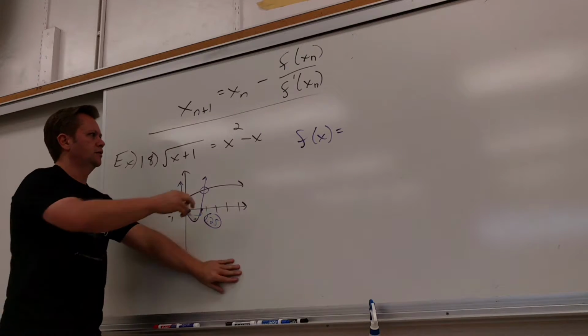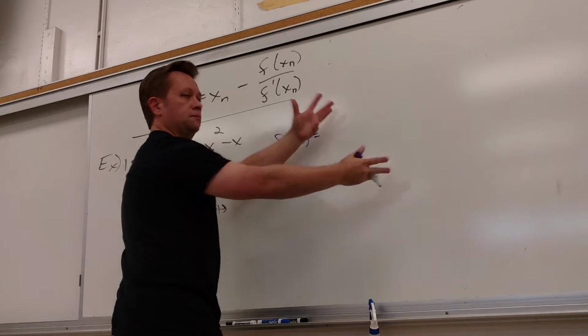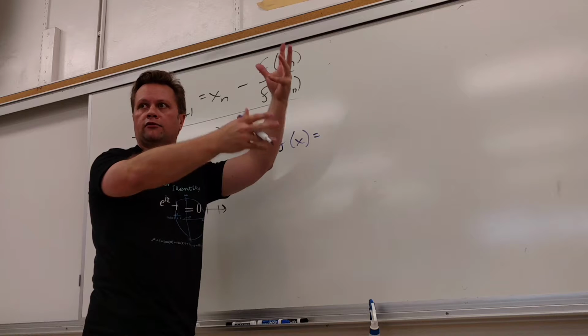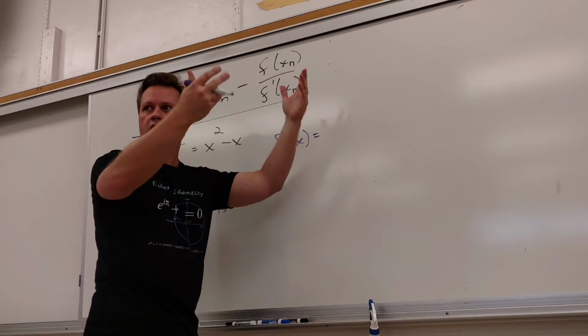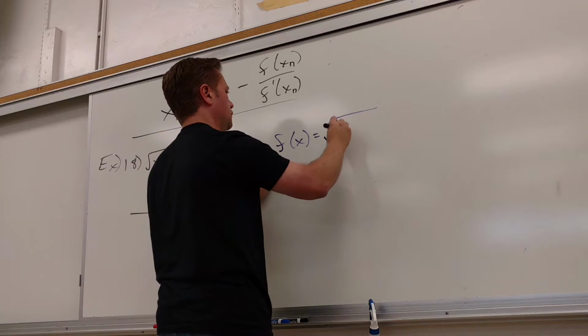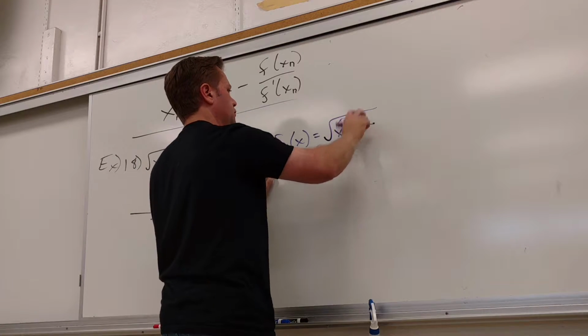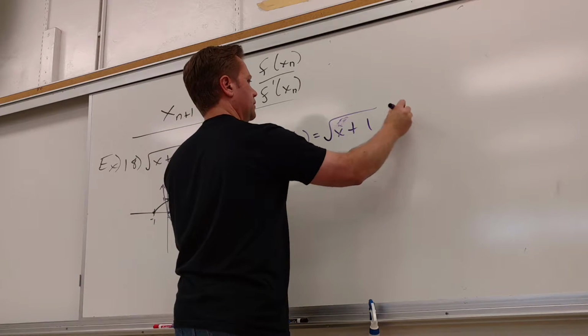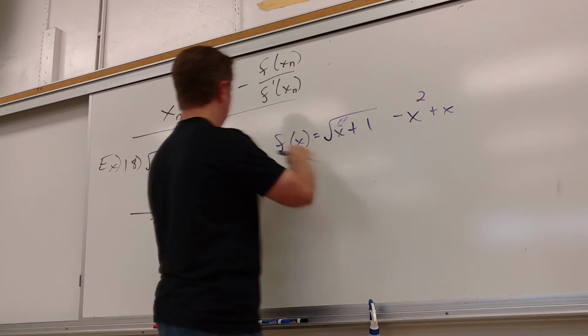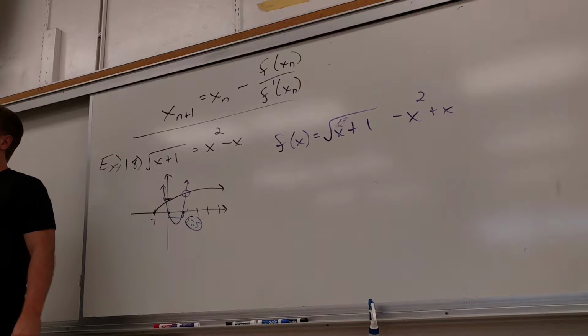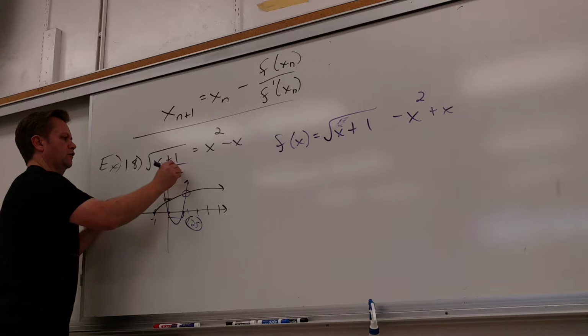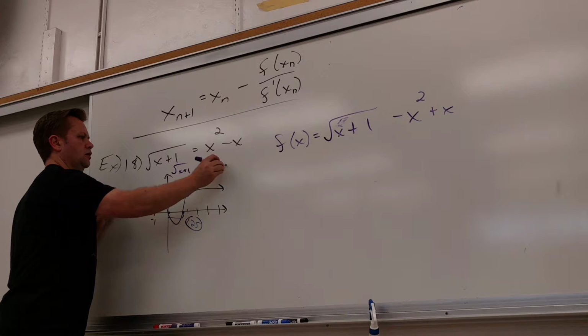Okay. So then we get how you want to write it. It's up to you. I would rather have the radical piece be square root of x plus 1. Doesn't matter. Yeah, so let's do that. Square root of x plus 1 minus x squared plus x. Is that cool? Just subtract that over. If I subtract it over, I'll have a function equal to 0.